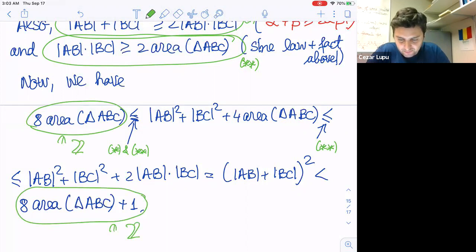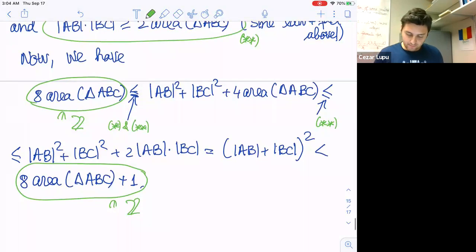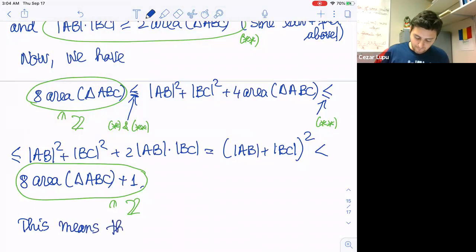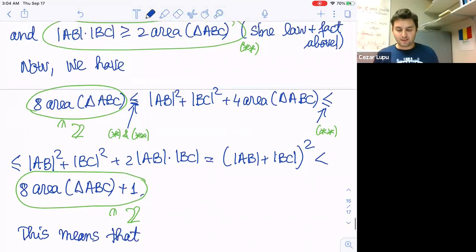Well, what can we conclude now? This means that we'll have equality somewhere here.